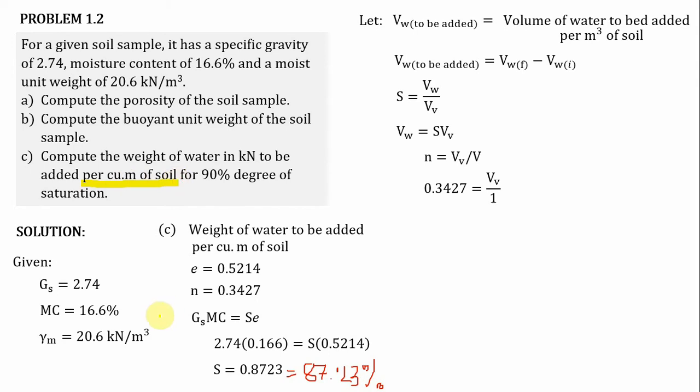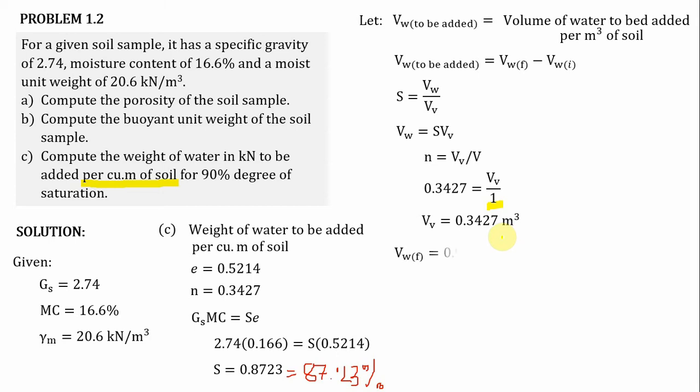So, therefore, mag-assume tayo na ang total volume niya is equivalent to 1 cubic meter of soil. Okay, gets nyo? So, therefore, the volume of voids in every 1 cubic meter, that is equivalent to 0.3427 cubic meter.